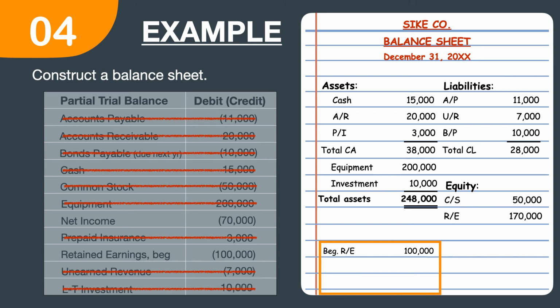Our partial trial balance tells us that that is 100 plus net income. So we're going to add 70. And there are no dividends, so our end retained earnings is going to be $170,000. Now let's add up our total liabilities and equity. And would you notice that our right side of the equation matches our left side of the equation? They're in balance, and we did it right.